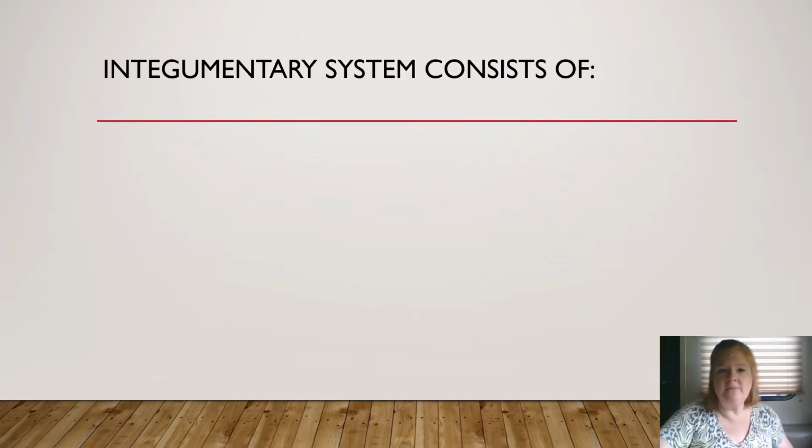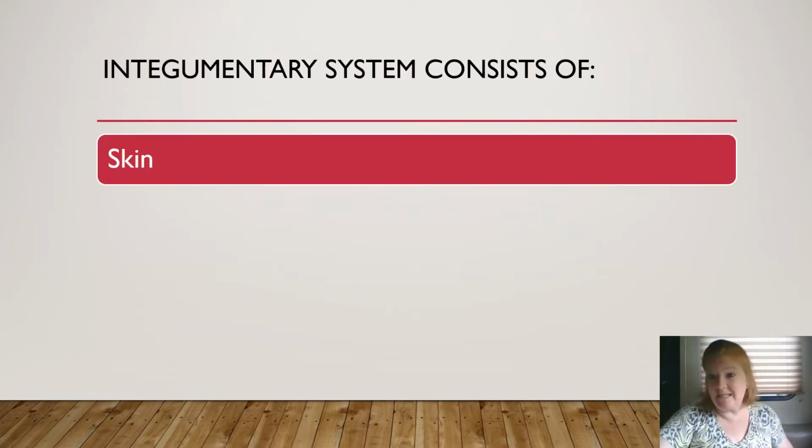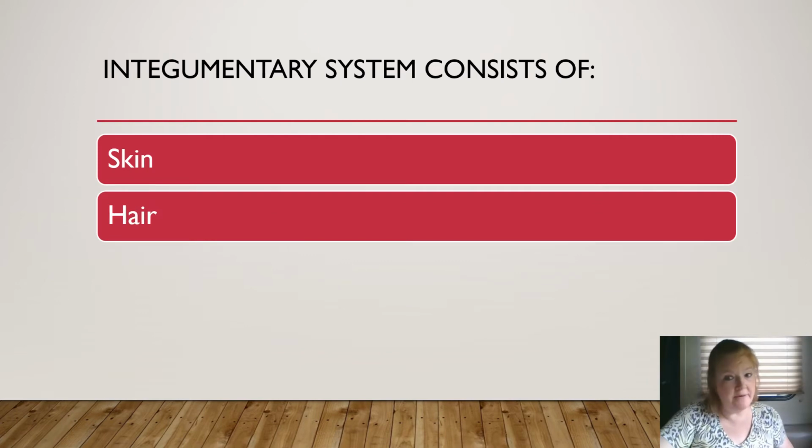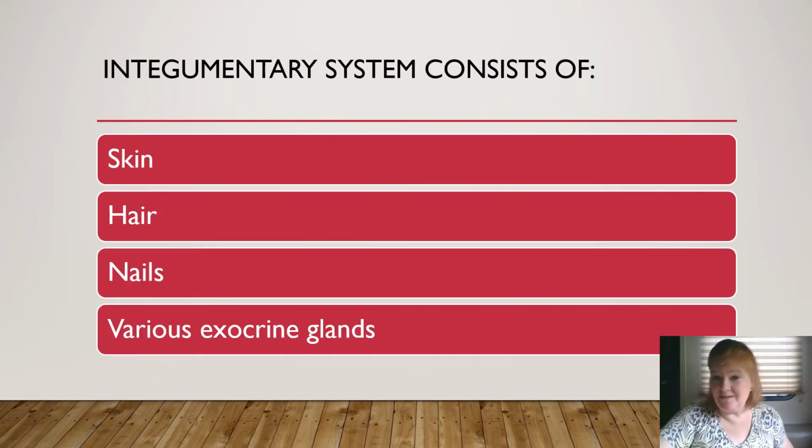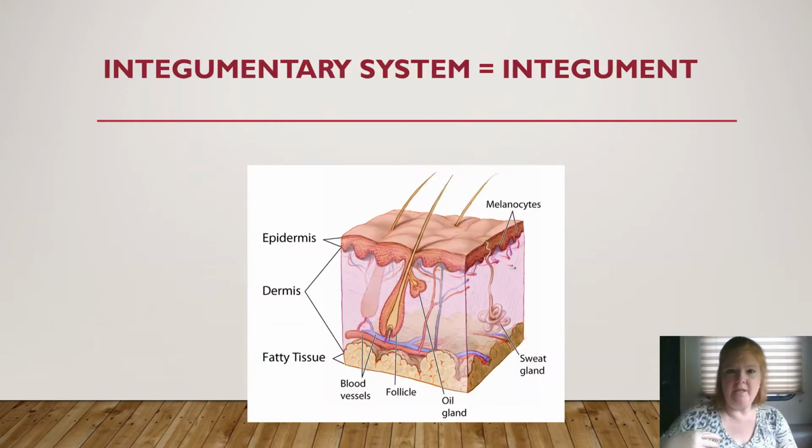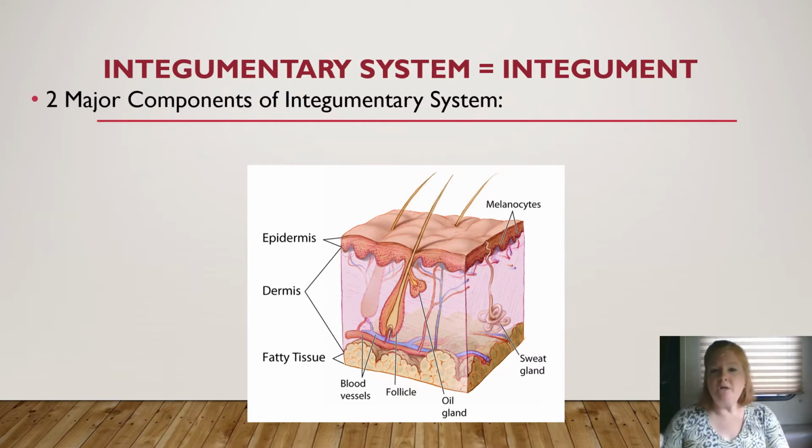All right, the integumentary system consists of skin, hair, nails, and various exocrine glands. So skin, hair, nail, and glands. The integumentary system is the integument. So integument is the noun. There are two major components of the integumentary system.